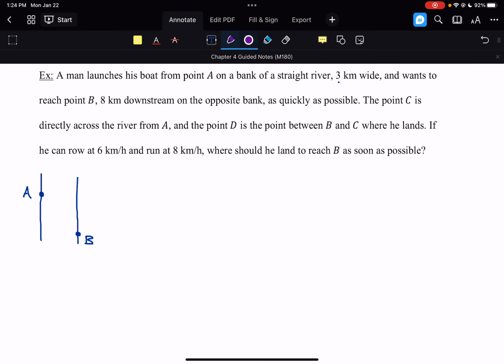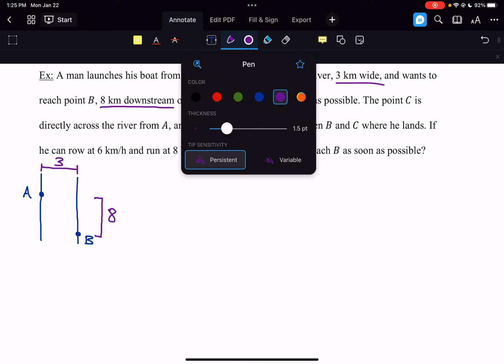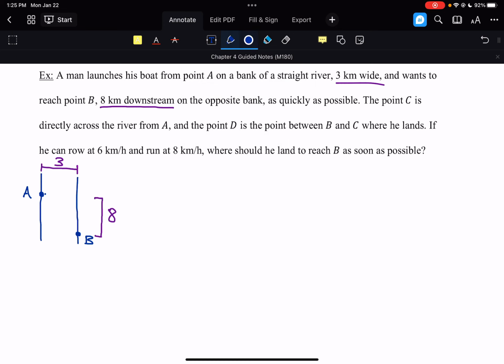So let's see what we know here. We know the river is 3 kilometers wide, so we know this distance is 3. We know the distance downstream is 8 kilometers from A to B, so this distance would be 8.